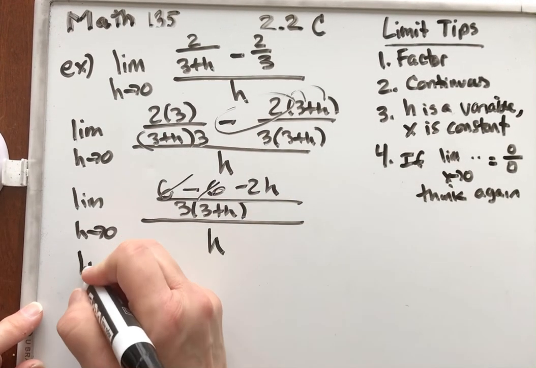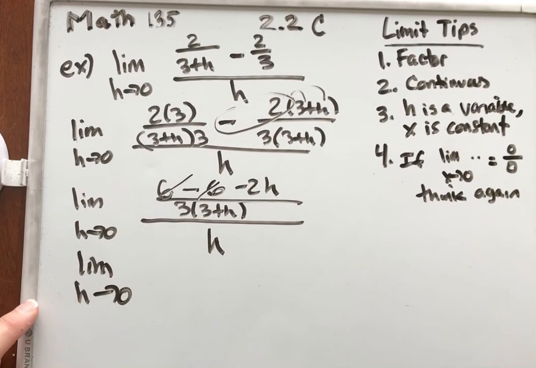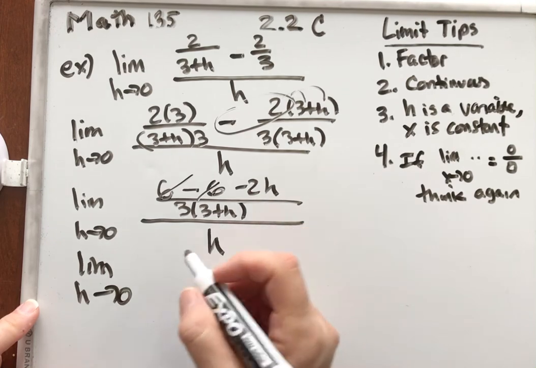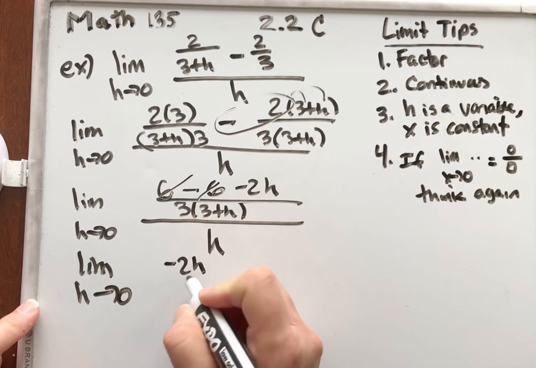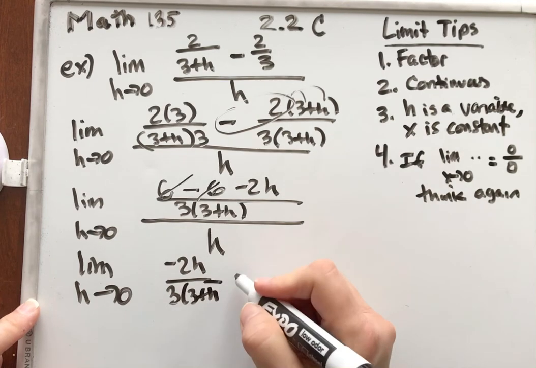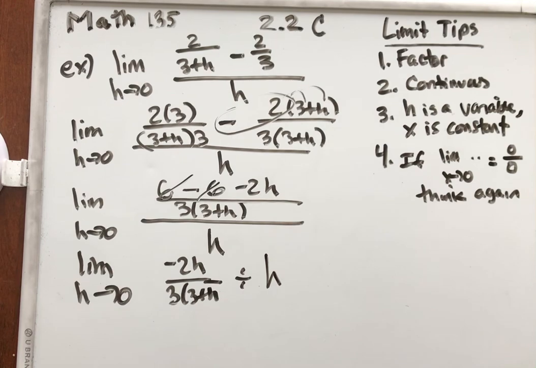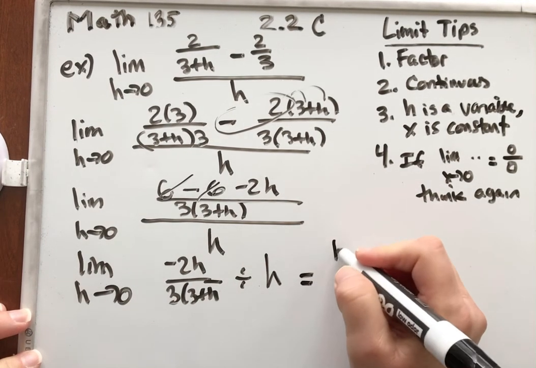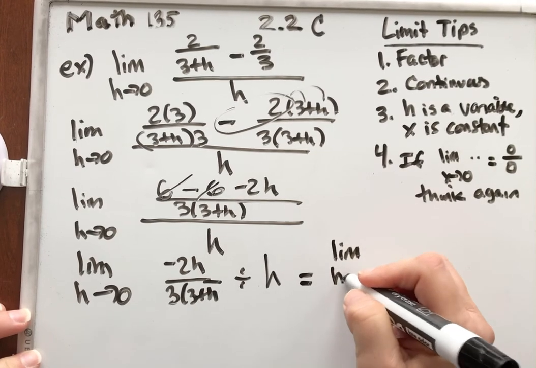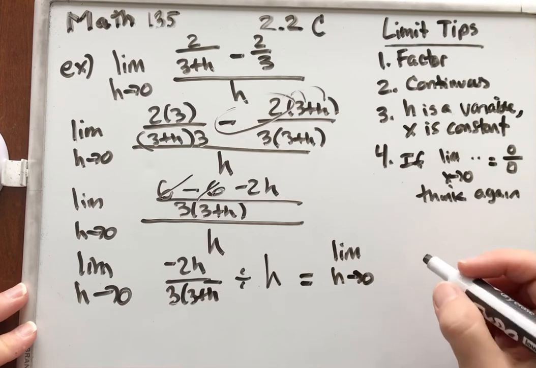Okay, so we have the limit as h approaches 0. And we're going to have -2h over 3 times 3 plus h divided by h. Okay, so that's the same thing. And I know I don't like to keep writing limits, and I know you don't want to keep writing limits, but we have to.